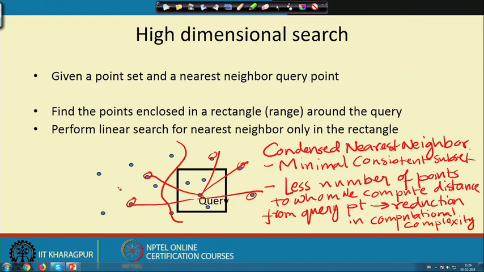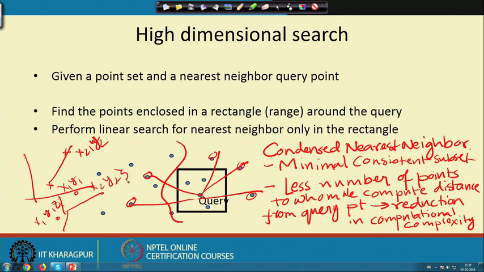If you want to find the distance between 2 points in 2 dimensions, x1 y1 and x2 y2, the computational time required would be less than computing the distance between 2 points in 3 dimensions, with a z1 and z2.